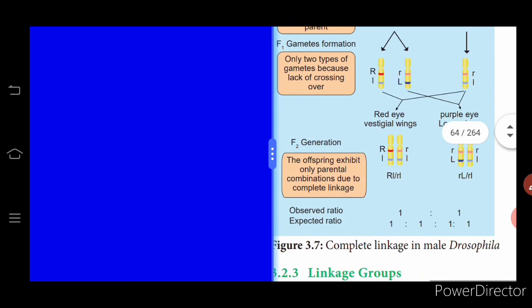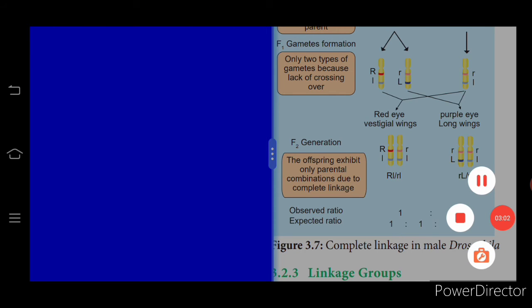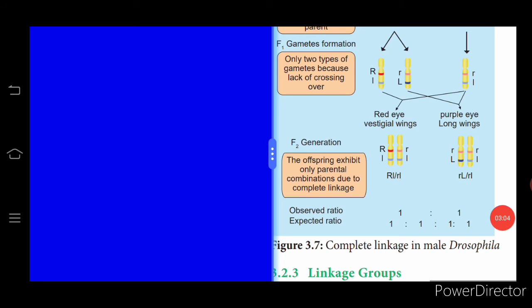Then in the F2 generation, the observed ratio was 1:1, but the expected ratio was 1:1:1:1. Do you follow?